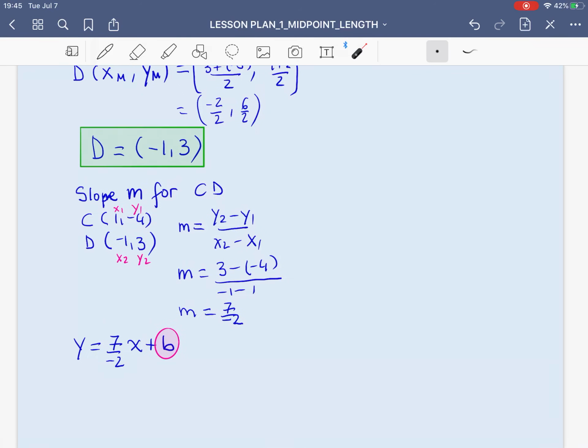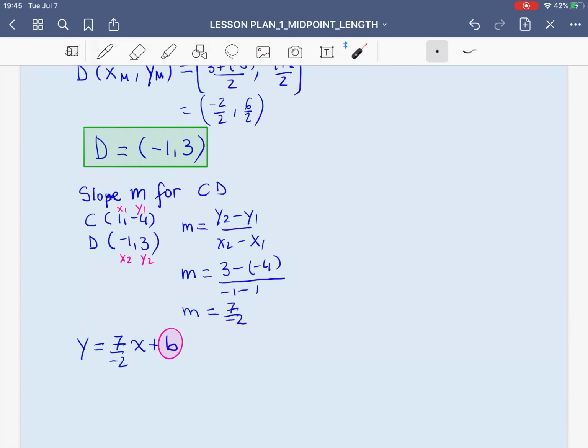So (-1, 3) will represent the x and the y in this equation. Instead of y in here, I'll write 3. 7 over -2, the operation in between here is multiplication, in case you were wondering, substitute x by -1, plus b. So 3 equals, and I'm going to write 7 over -2 as a decimal.